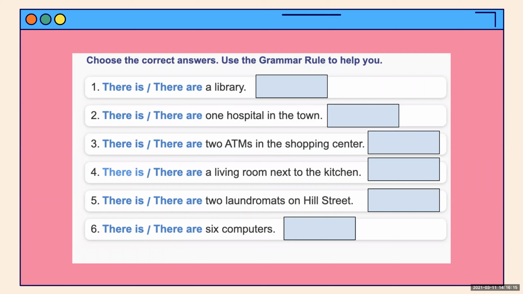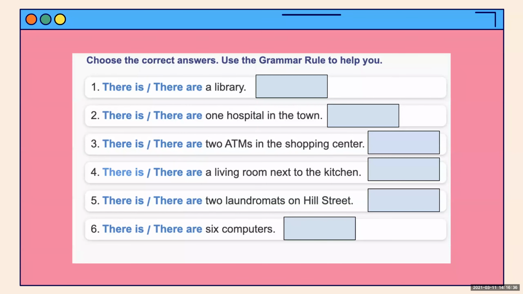So for number 1, there is or there are a library. For number 2, there are 1 hospital in the town. Number 3, there are 2 ATMs in the shopping center.